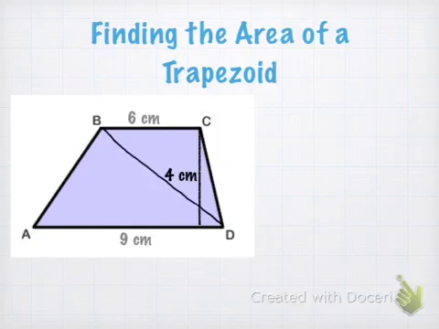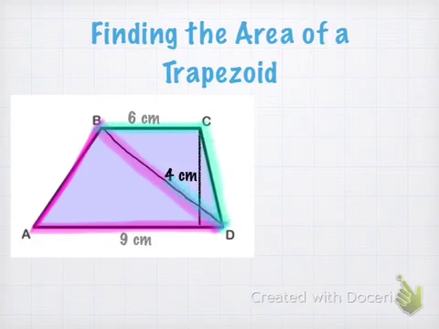So the first triangle that I see is triangle BAD. And then I've also got this triangle BCD, and we're going to find the area of both of these to see how we derive the formula for a trapezoid.